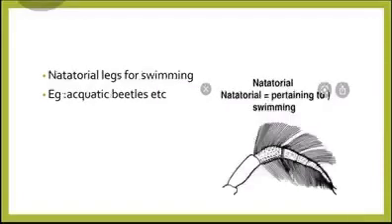The fourth type of leg is the natatorial leg. Natatorial legs are used for swimming and they are found in aquatic insects, aquatic beetles, bugs, etc. In this case, we see that the whole leg is in the form of a streamline tapering.